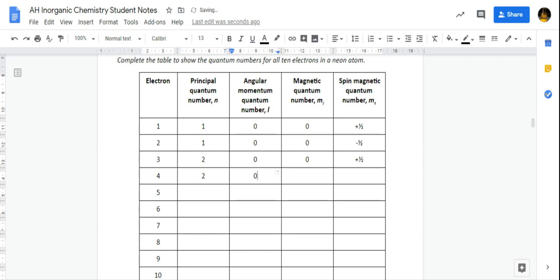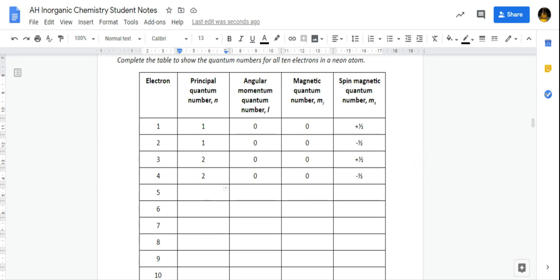So L is given a value of 0. And then if L is 0, ML is 0. And because no two electrons can have the same 4 quantum numbers, this one must have a spin of -0.5. So these 2 electrons, 1 and 2, are in the 1s orbital. 3 and 4 are in the 2s orbital.